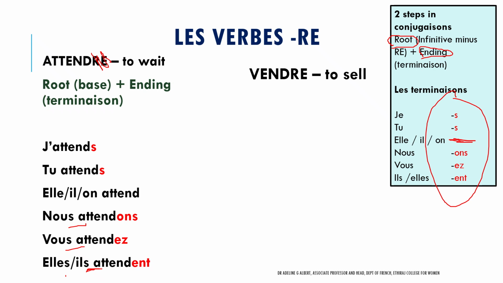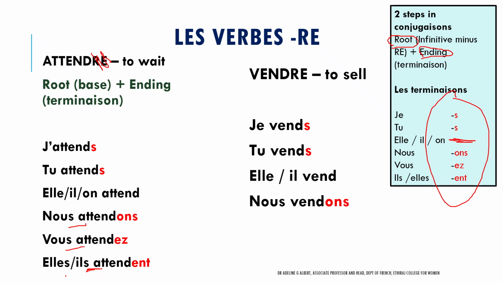Okay? Let's look at the word vendre. Vendre is to sell. Je vends, tu vends, il, elle vend, nous vendons, vous vendez, ils vendent. I'm not pronouncing the S here. Why am I not pronouncing the S here? Because the next word starts with a consonant.